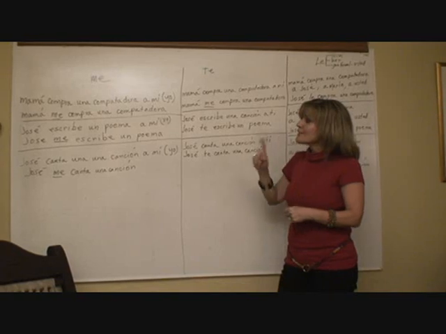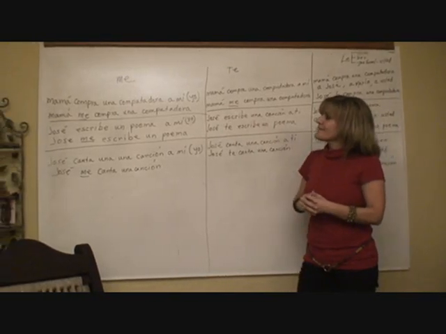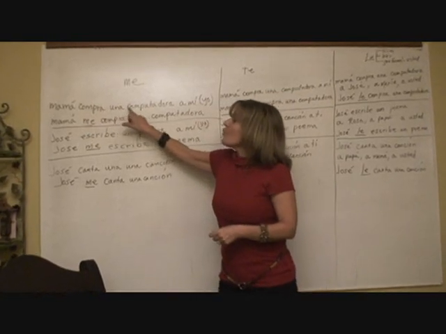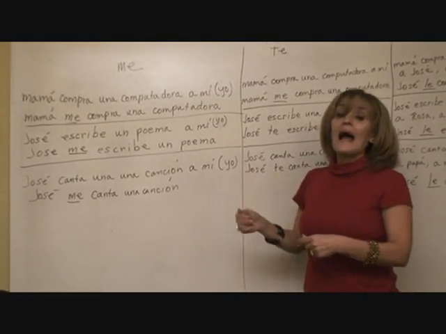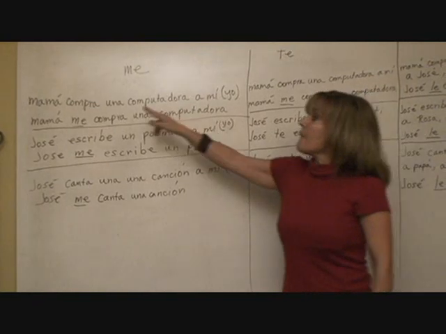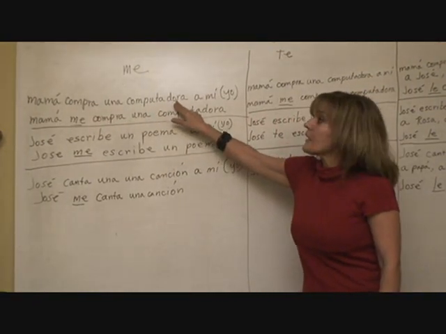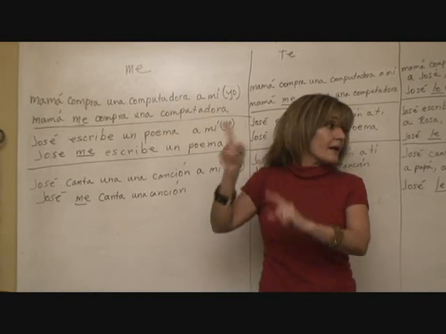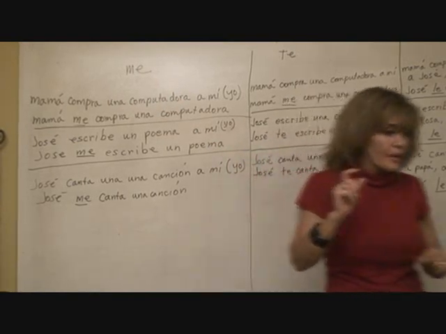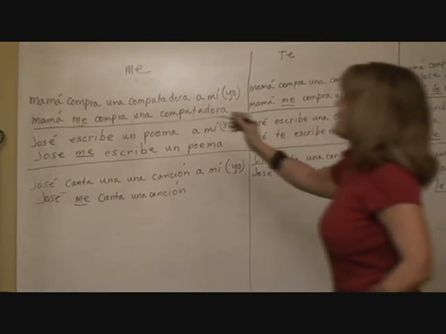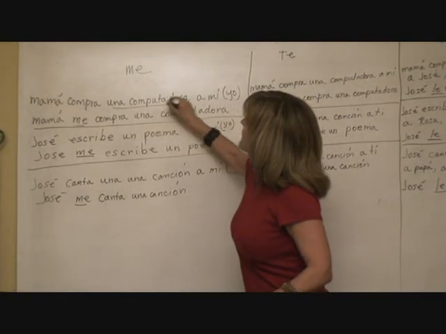Me. So let's start with the sentence. Mamá compra una computadora a mí. Mom buys a computadora, a computer. Una computadora is the direct object.